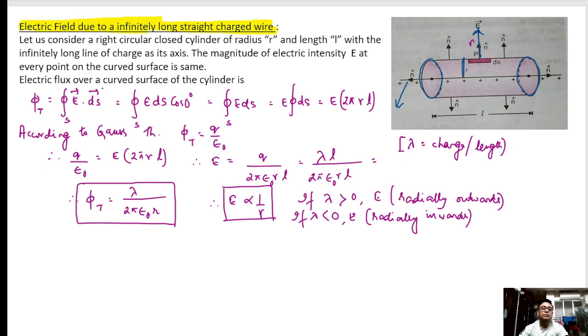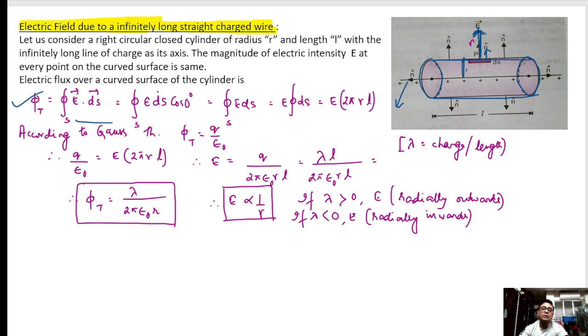So the total flux coming out will be the integral over the whole surface, that means E ds cos 0. Here this is the curved surface. What is the angle between the electric field and the normal to the surface?